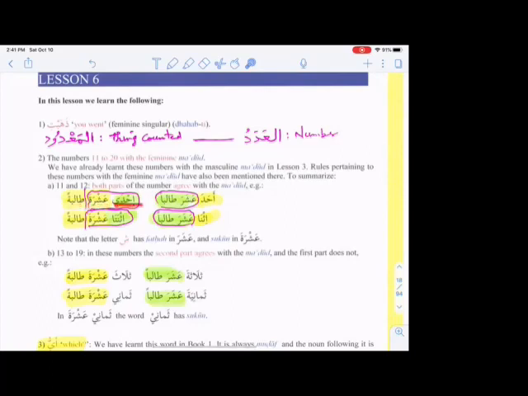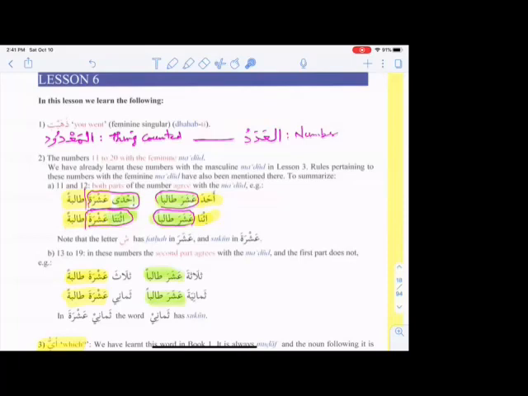The first part is opposite of that, but not in 11 and 12. In 11 and 12, everything matches. But here you will see. We have here talibatun, which is feminine, so we have ihda asharata. And we have here masculine, it is ahda ashara. Then we have here isnata ashara. This second part matches the ma'dud.